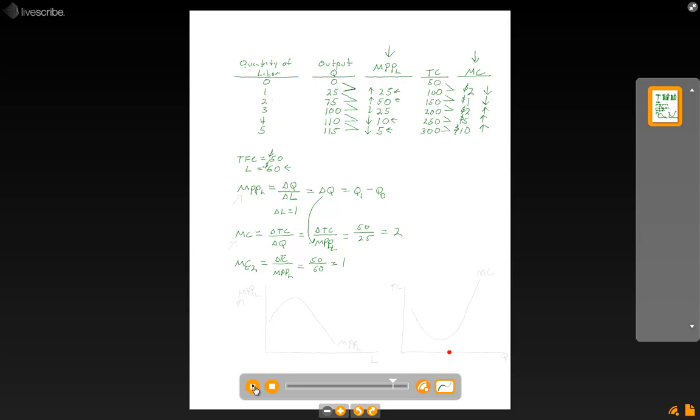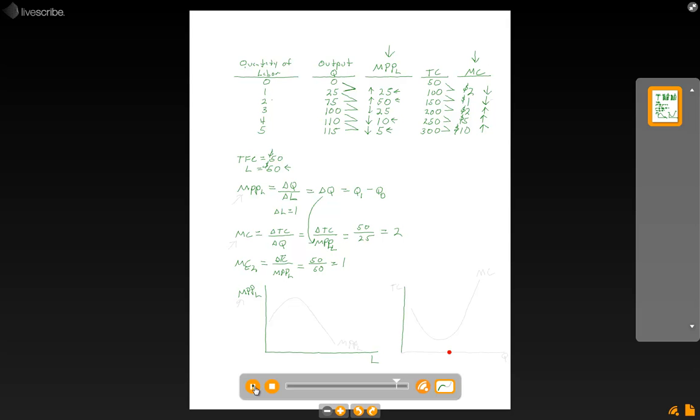So the way you can show that trend is when you graph both of these together. You would have the marginal physical product of labor over the number of workers that you have.